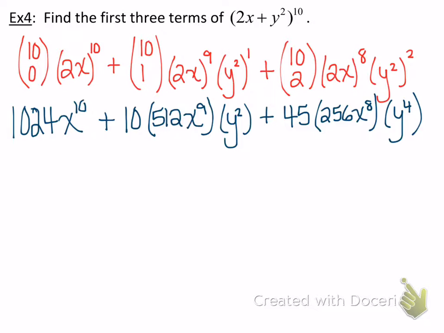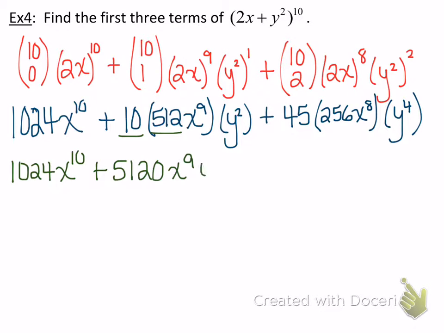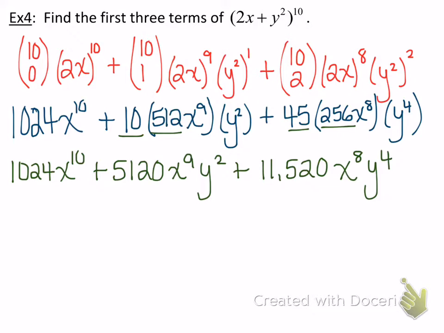So when we simplify, our first term stays the same, 1024 x to the 10 plus 10 times 512 is 5,120 x to the 9th y squared plus 45 times 256 gives us 11,520 x to the 8th y to the 4th.